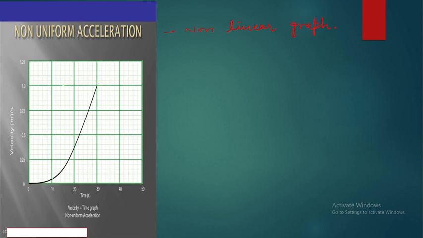For this motion, the velocity time graph is non-linear. The nature of the graph is non-linear. Second, with the help of the velocity time graph, we can calculate the acceleration also.